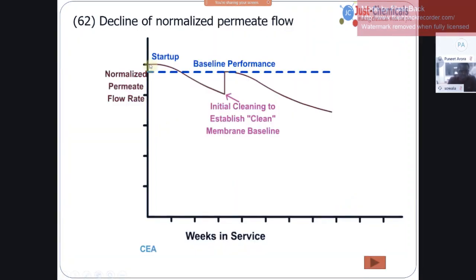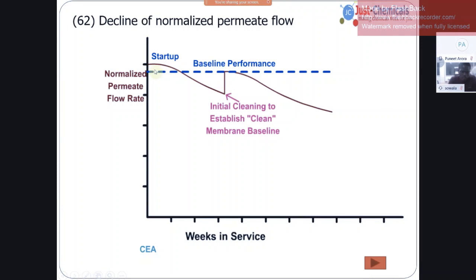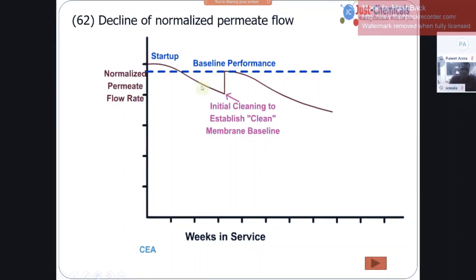When you see that the startup condition normalized permeate flow was say 15 meter cube per hour and it dropped, you cleaned it and it went up, but the baseline is not touched, you need to clean it earlier actually. So if you're finding, say in 1 month or 3 months data, that you're not going back to the baseline performance, you need to clean it earlier.